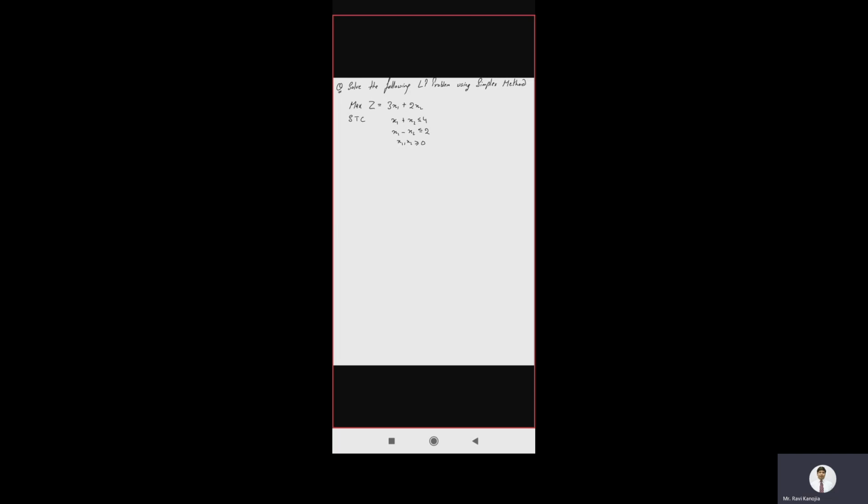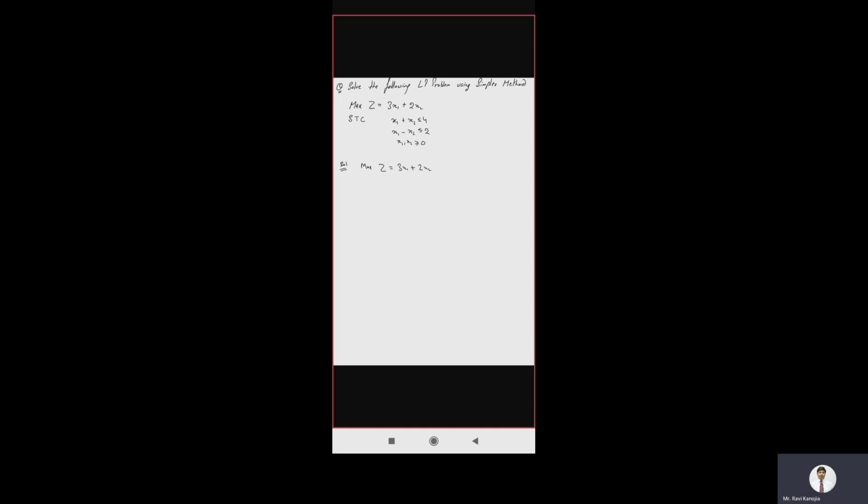In order to find the solution, the first step that we need to do is change the objective function and the constraint equations into the standard form. So maximize z is equal to 3x1 plus 2x2, and we have to change the constraint inequalities into equations.